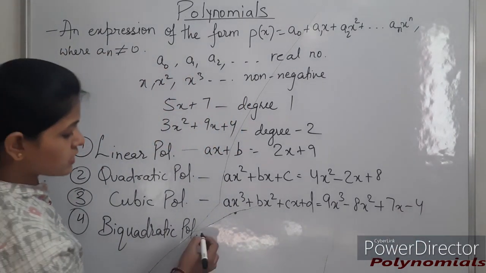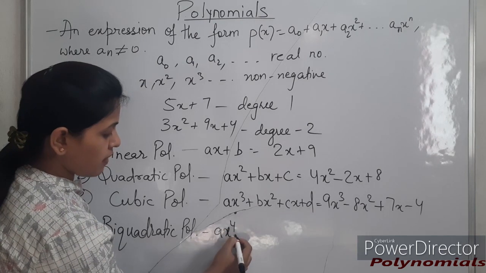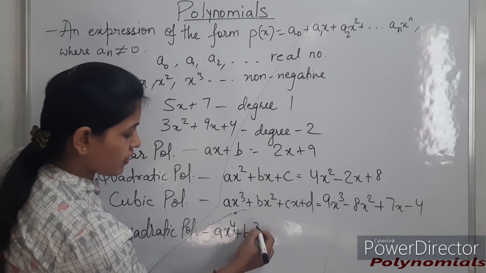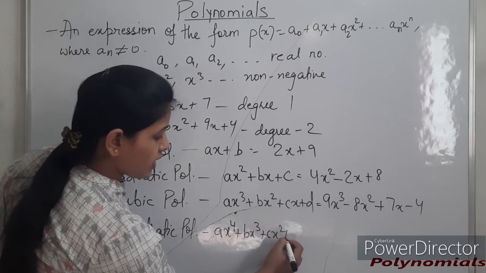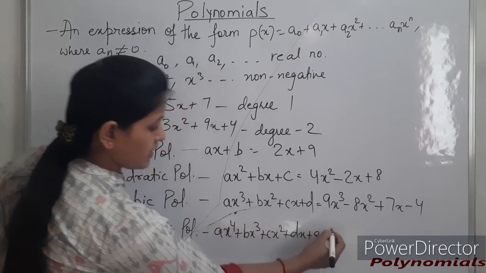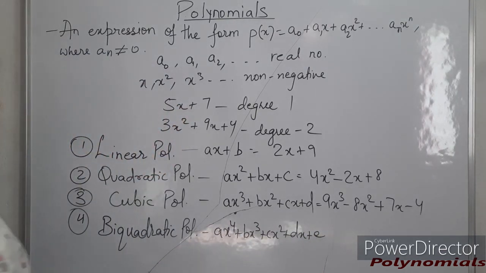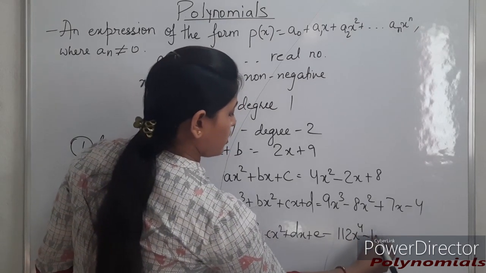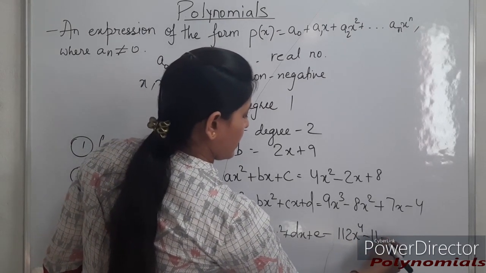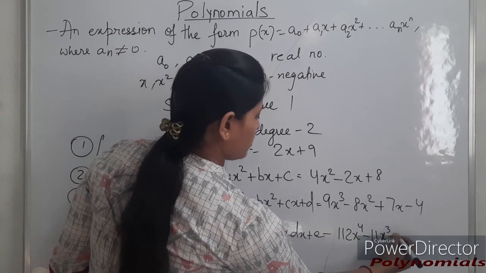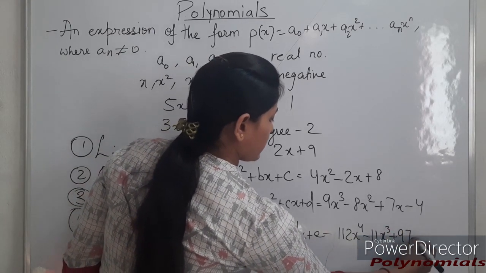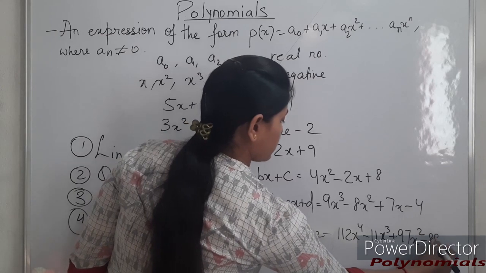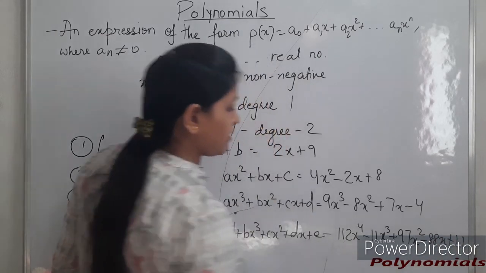And in biquadratic, ax to the power 4 plus bx cube plus cx square plus dx plus e. Like 112x to the power 4 minus 11x cube plus 97x square minus 88x plus 11.